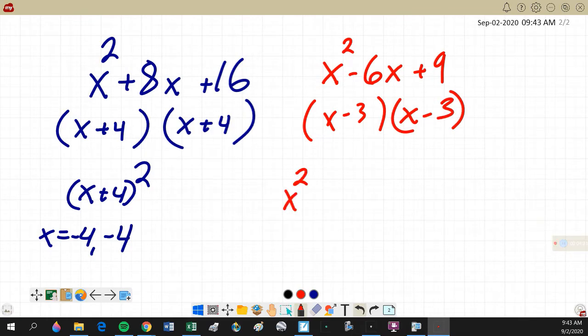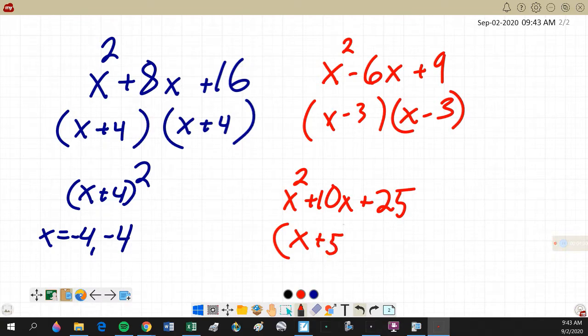X squared plus 10x plus 25. That would be x plus 5 and x plus 5. Do you see any patterns here? What qualities do each of those quadratics have? What is similar between all three of those quadratics?